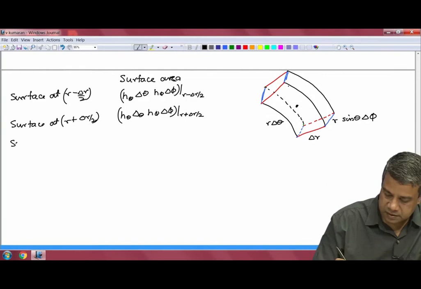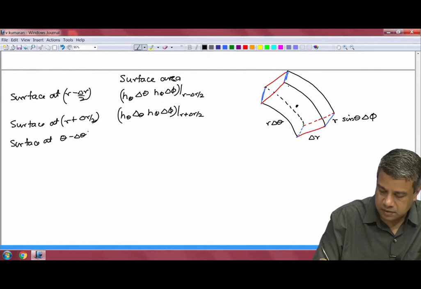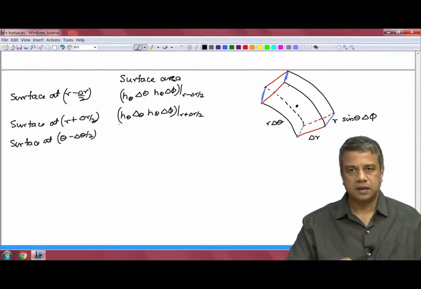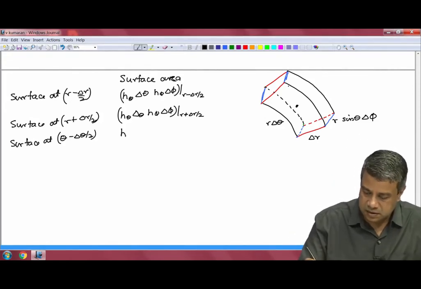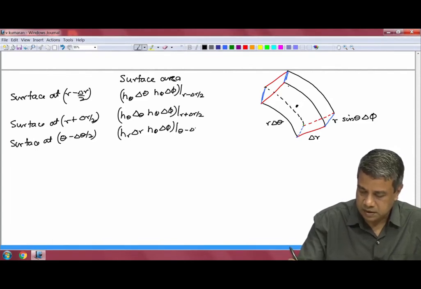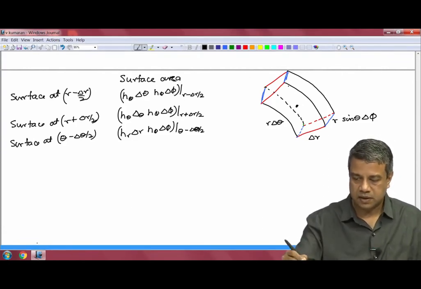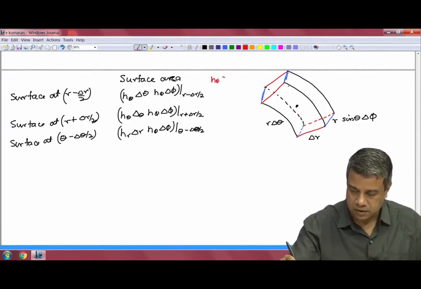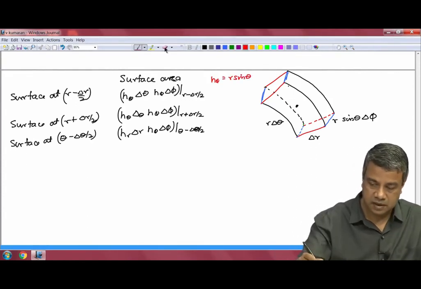Then I have the surface at theta minus delta theta by 2. The product of the two incremental displacements perpendicular to the theta direction is h r delta r into h phi delta phi at theta minus delta theta by 2. Note that h phi was equal to r sin theta, therefore this increment actually depends upon theta in this case.